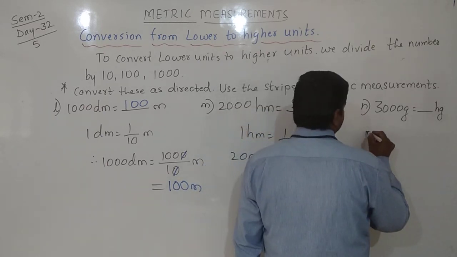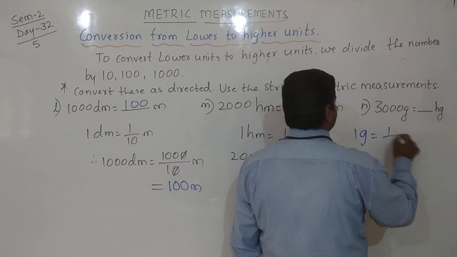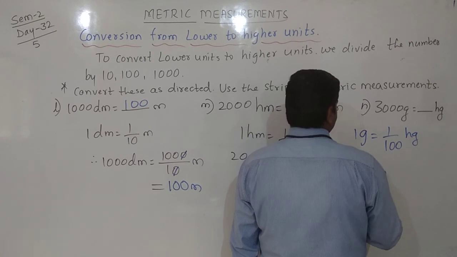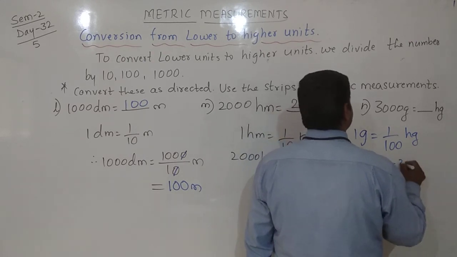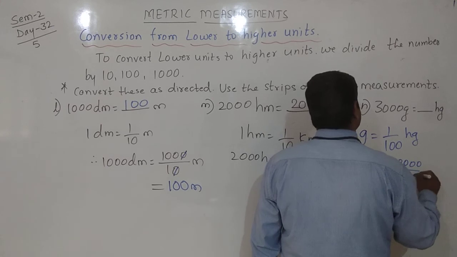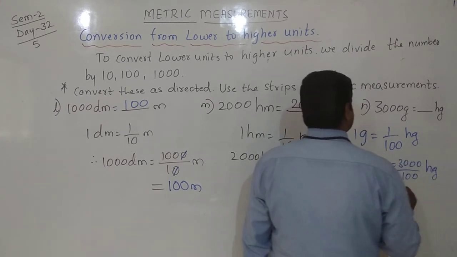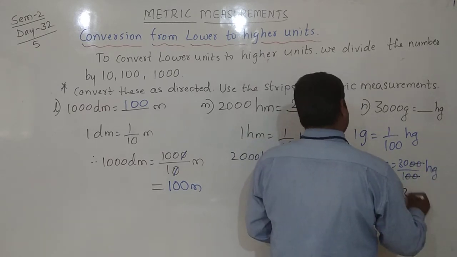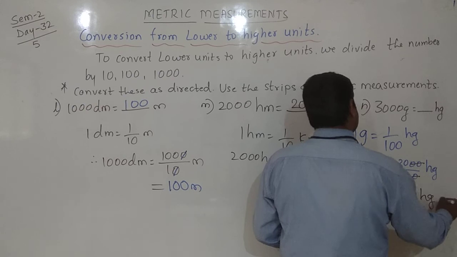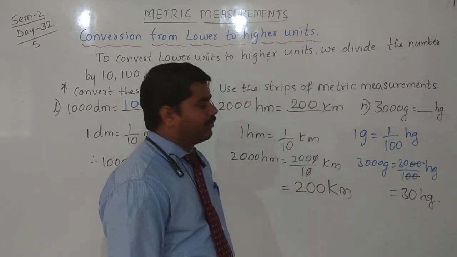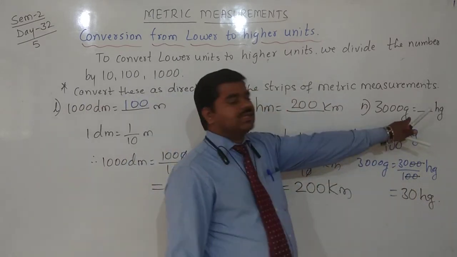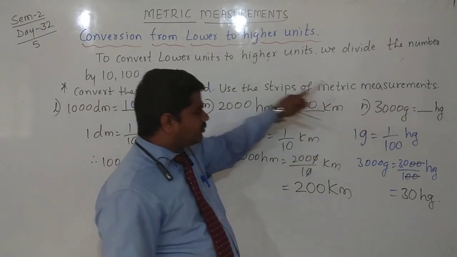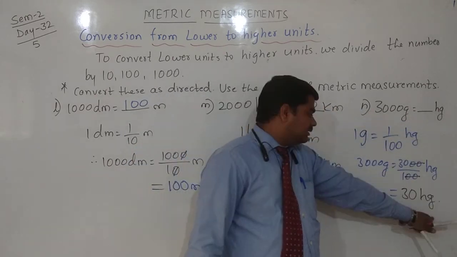Then 1 gram is equals to 1 by 100 hectogram. Therefore 3000 gram is equals to 3000 by 100 hectograms. These two zeros, these two, then 30 by 1 is 30 hectogram. Yes or no? Grams to decagram, decagram to hectogram, hectogram to kilogram. Here only the hectogram, they are this much.